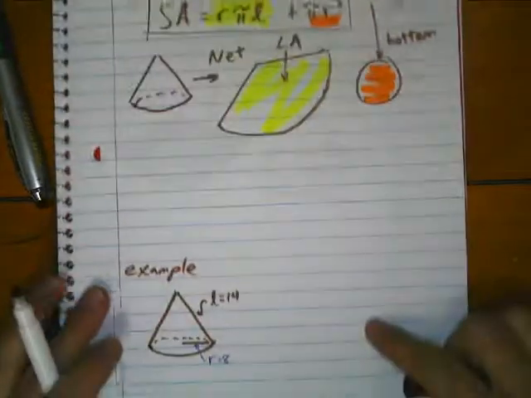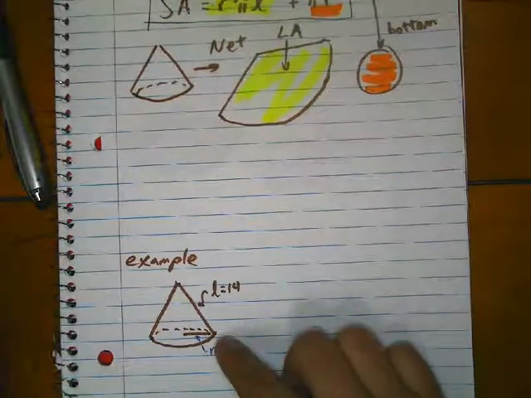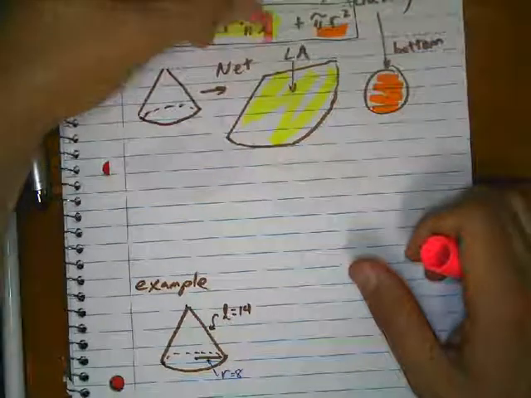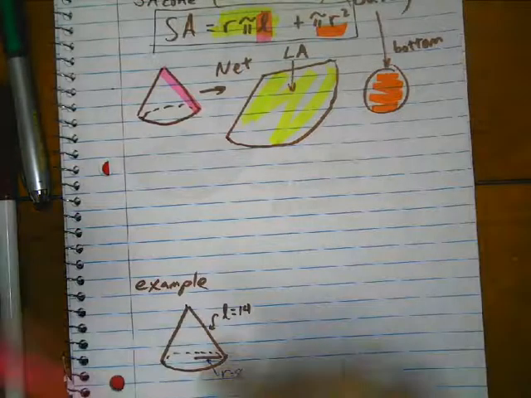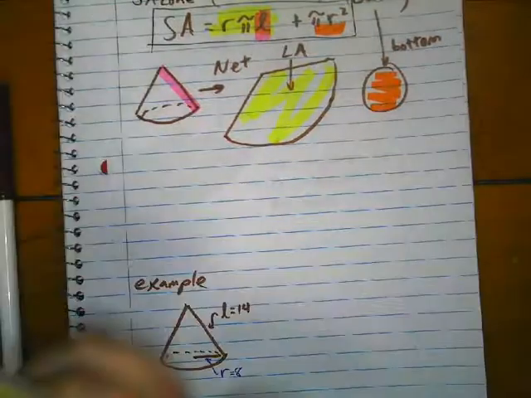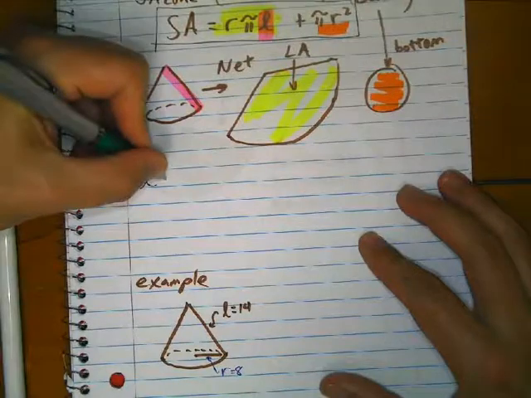Here's an example where we know the slant height. This L here stands for the slant height, which goes from the point to the edge. So let's define that: L is the slant height.